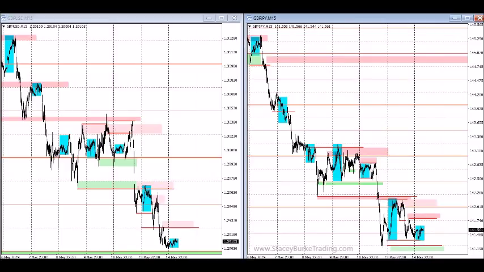Today we're going to be going over identifying potential institutional buying and selling levels that may coincide with some of the methods you're using to trade the markets, and obviously helping to identify higher probability areas for buying and selling along with what other methods you're using to trade the markets.